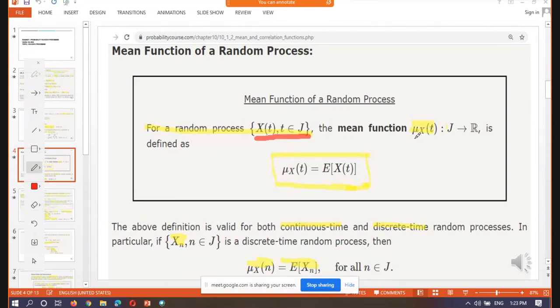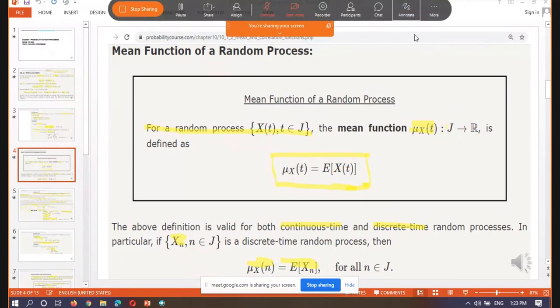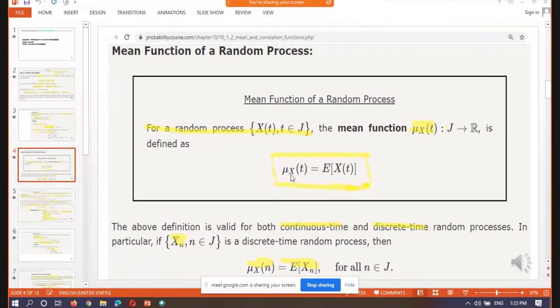The mean function is denoted by mu Xt, from the time set to the set of real numbers, that is expectation of Xt. Earlier it was also expectation of X, the mean, but since here time is involved, this mean is also a function of time. So the expectation of the random process Xt is said to be the mean function, denoted by mu suffix capital Xt and defined by expectation of Xt.